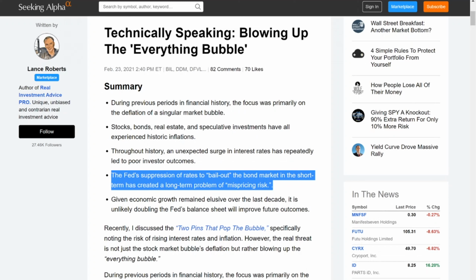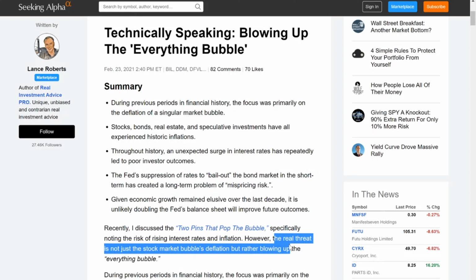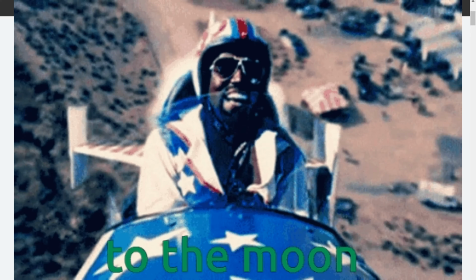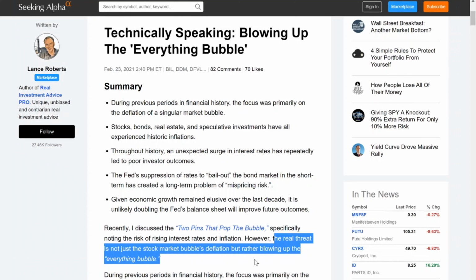We're here on seekingalpha.com. Again, I will put a link of this. If we have a look here, it says the real threat is not just the stock market bubble's deflation, but rather blowing up the everything bubble, which means that, as I've explained, everything has temporarily been inflated, therefore causing a bubble of everything.